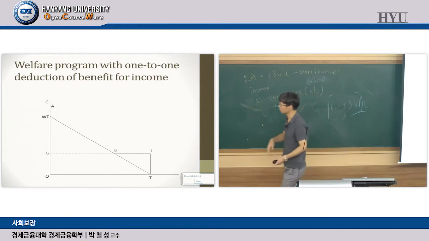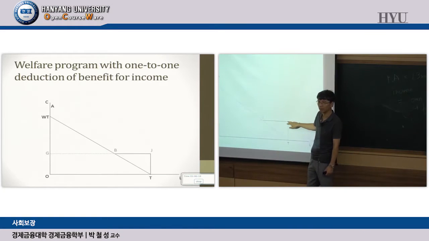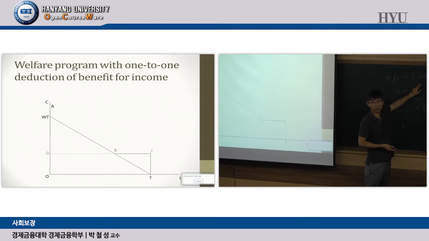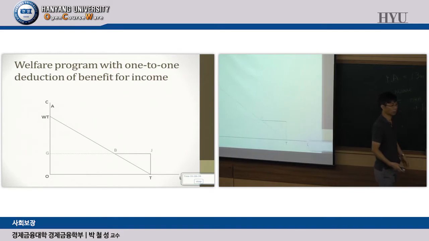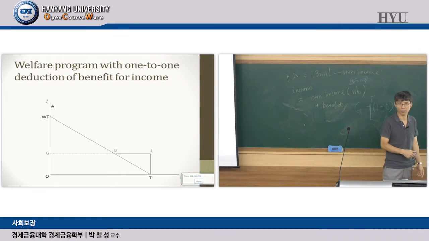So, for example, if the government reduces the benefit amount by exactly your own income, then the budget line will have this flat part, meaning that, for example, in this case, your income is always 1.3 million, no matter what. So in this case, the implicit tax rate is 100%. Wage rate is 0.